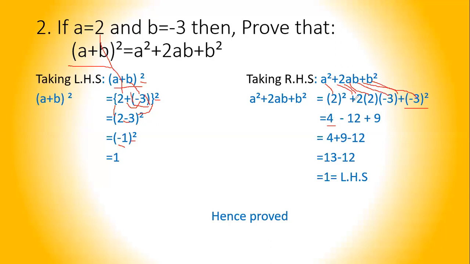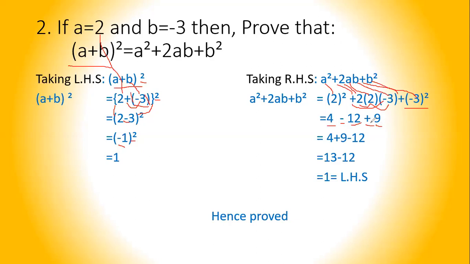Plus minus gives minus. Now multiply 2, 2 and 3: 2 into 2 is 4, 4 into 3 is 12. Plus copied from the question. Minus 3 square means minus 3 is multiplied 2 times, so minus minus plus, and 3 3s are 9.